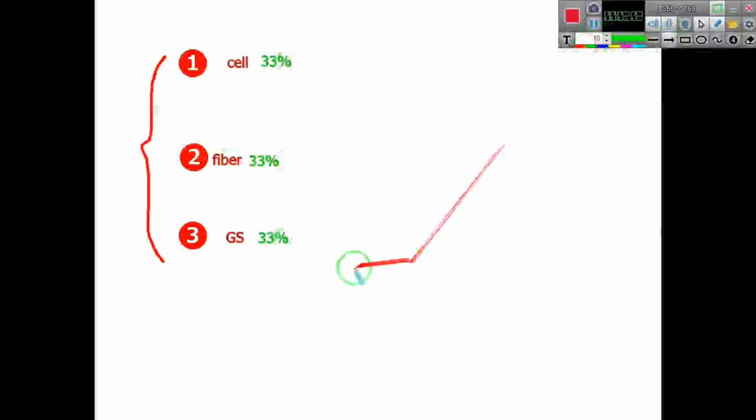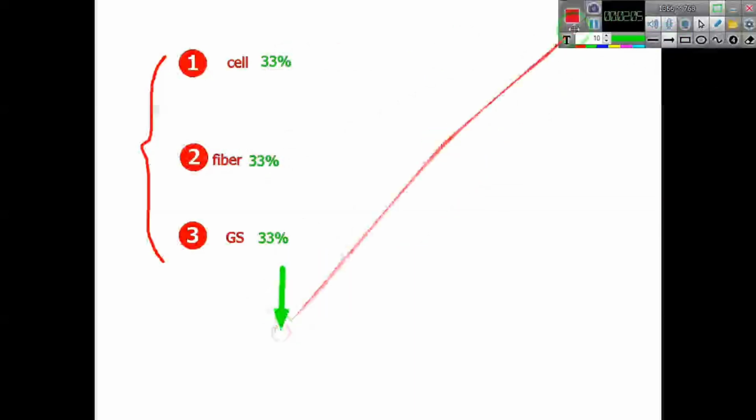We call this kind of tissue loose connective tissue. All components have an equal part in this connective tissue.